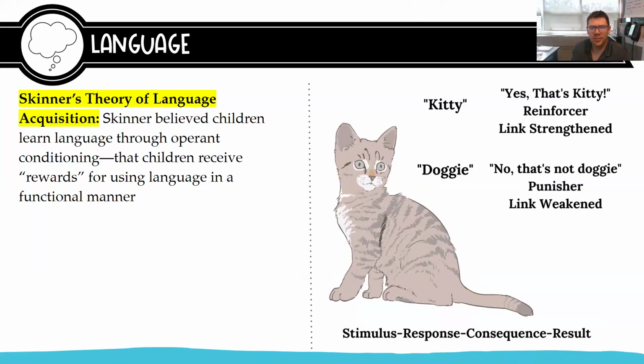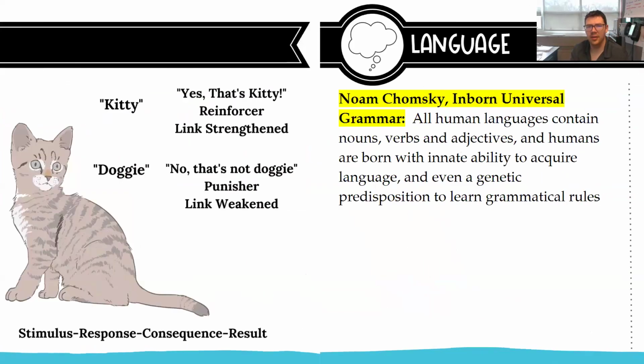You, of course, have Skinner's theory. Again, remember, B.F. Skinner was all about operant conditioning. So again, we're talking about rewards here. So certain phrases that children are being rewarded with, like, oh, great job, honey. That's how you say that. Or, oh, we don't say that in this house, right? All of that could potentially play a role in the way that we say certain things.